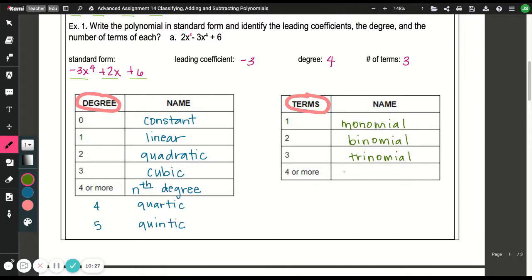So 4 or more, sometimes we just say with blank terms. So with 4 terms or with 6 terms, sometimes they just call it a polynomial. Poly just means many. It's less specific because then you don't know how many terms. If you say with 5 terms, then that gives you more information, but either are acceptable.